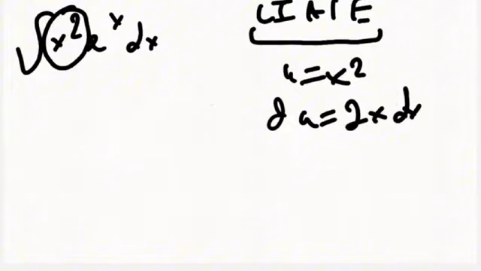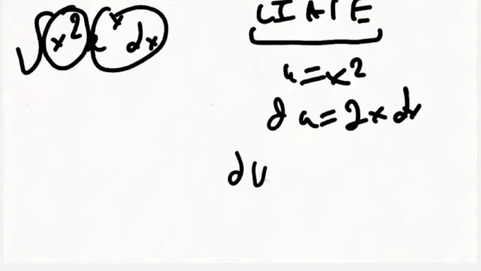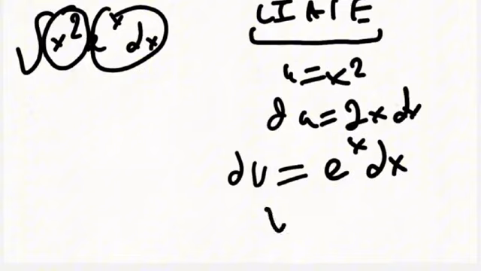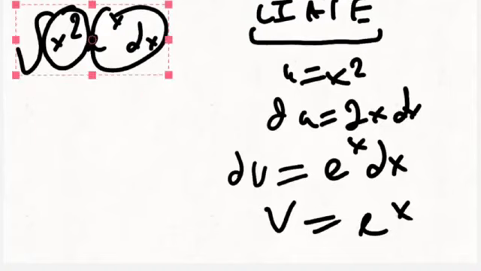Don't forget about the dx, it's pretty important. And then we have dv, and since x squared is u, we have e to the power of x dx is equal to dv, and v is equal to e to the power of x. Okay? So, that is correct.